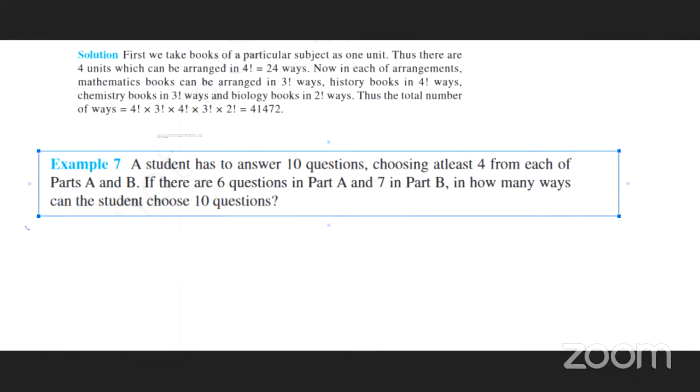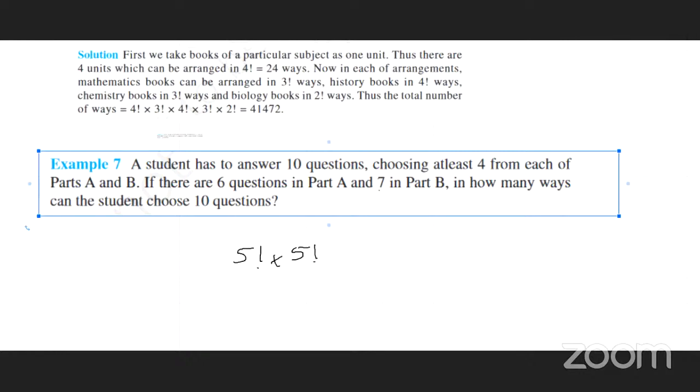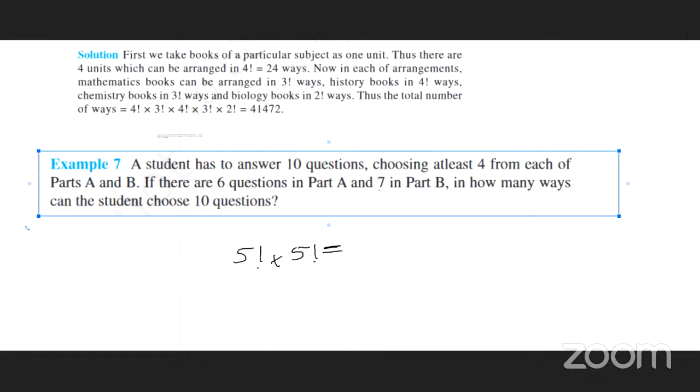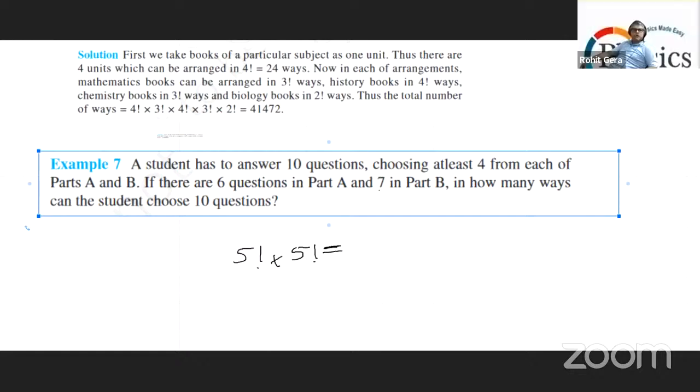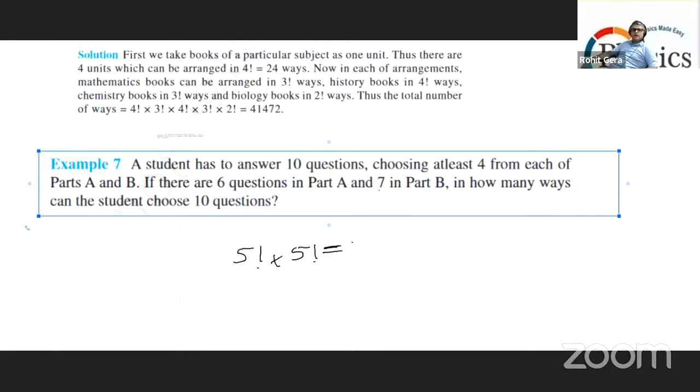If he chooses 5 questions from part A, then he has to select 5 from B. 5 factorial into 5 factorial, so this is one way, right? 5 and 5, one way. He has to select at least 4, so it can be 10p4 multiplied by 10p6, if he takes 4 from this and 6 from this.